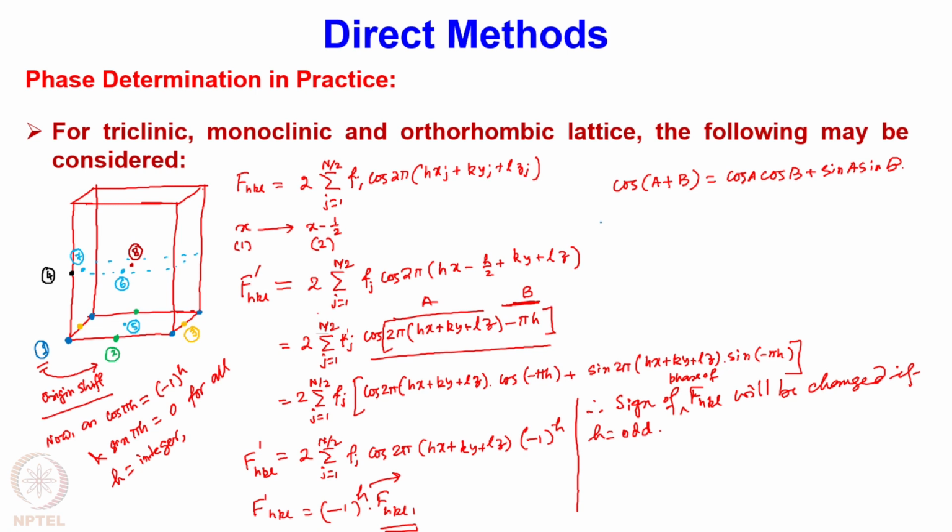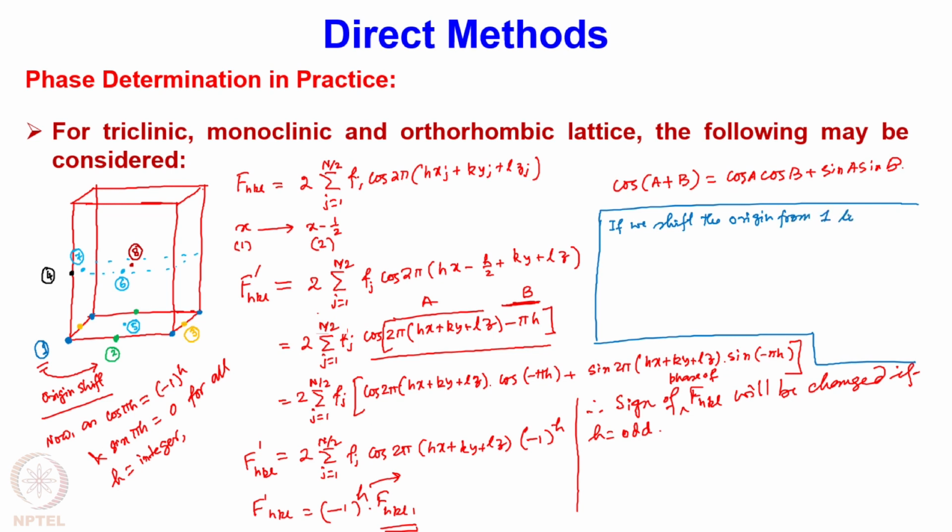So, similarly, if we shift the origin from 1 to 5, that means we change it from here to there, what will happen is we will arrive at an expression F_HKL prime is equal to minus 1 to the power h plus k F_HKL.